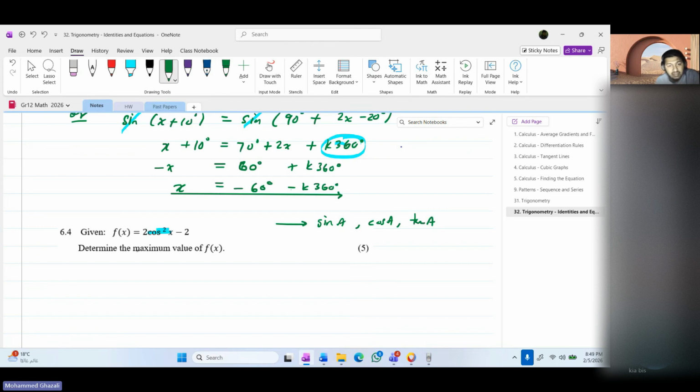All right. Now we got 2 cosine squared x minus 1. How are we supposed to change this? See what you got here. We got f of x equals 2 cosine squared x, and then the minus 2, I'm going to break it up in terms of minus 1, minus 1.